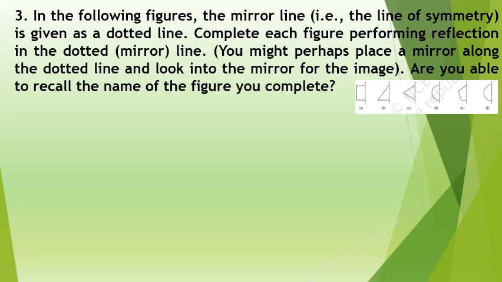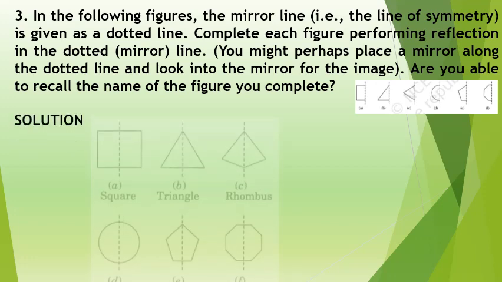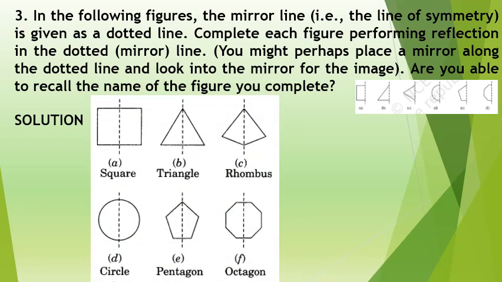If you are drawing like this, yes, the first figure will be a square. Second is a triangle. And the third one is a rhombus. And D is a circle. And the next one is a pentagon.